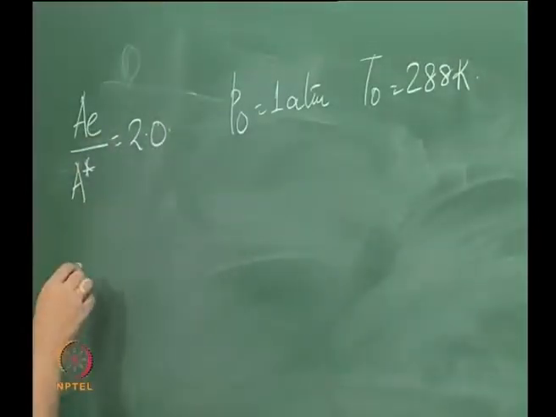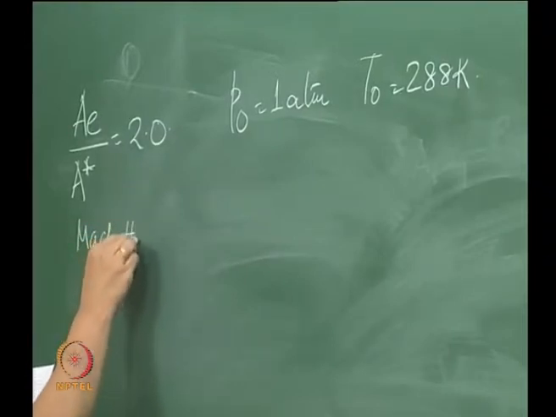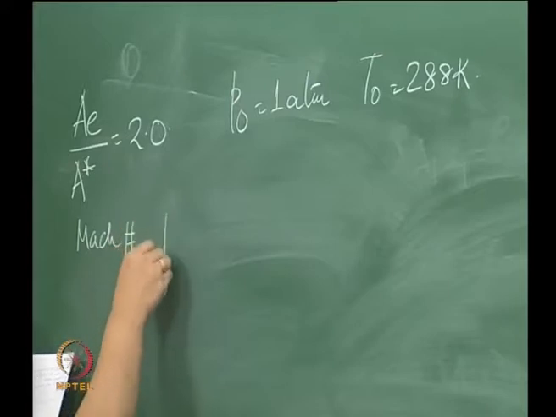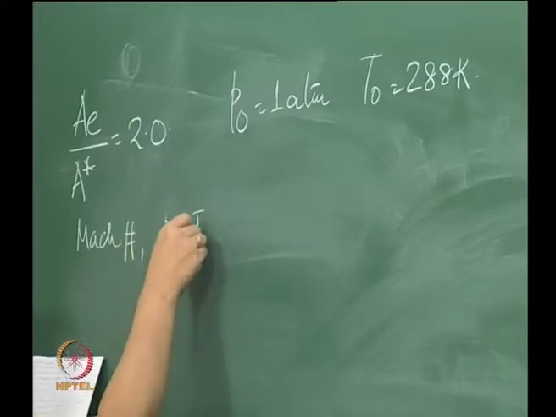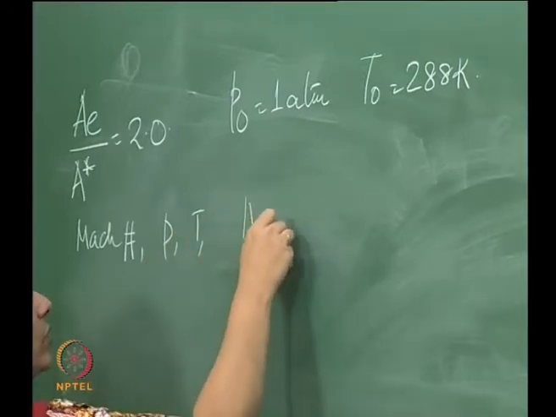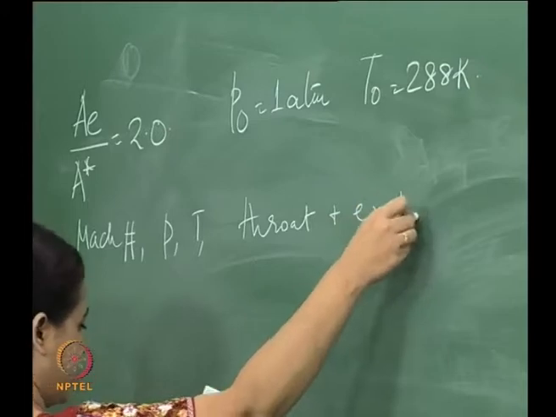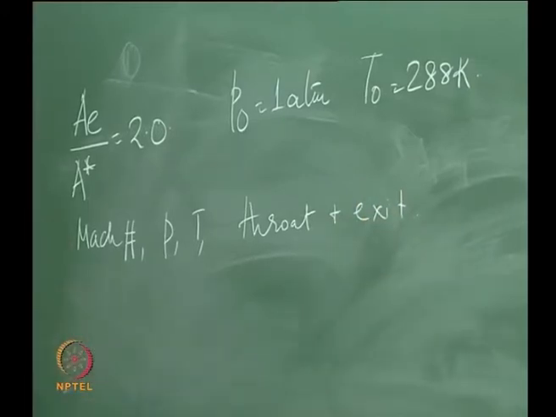What we need to do is calculate the Mach number, the pressure, and the temperature at both the throat and the exit, for 2 conditions.